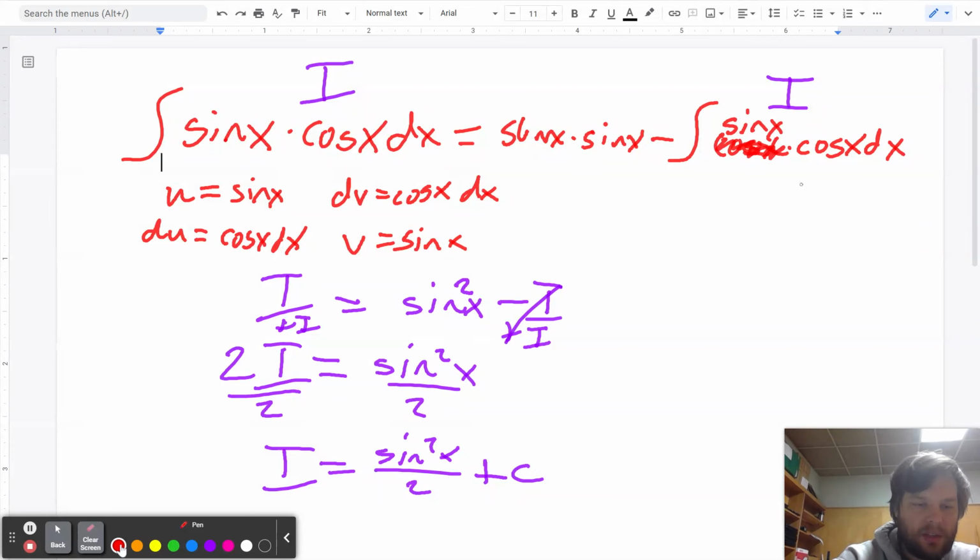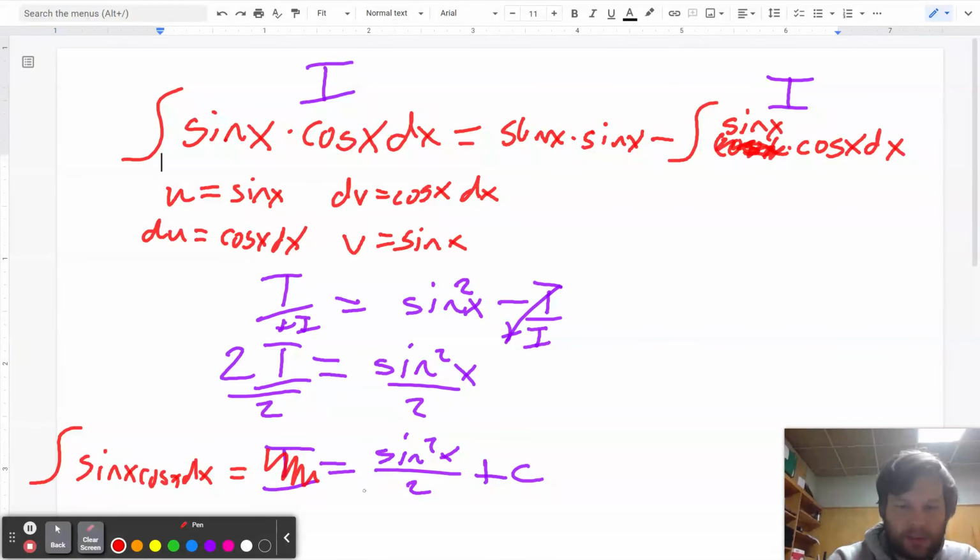So we just showed, using cyclic integration by parts, that the integral of sine of x cosine x is equal to sine squared of x over 2 plus c.